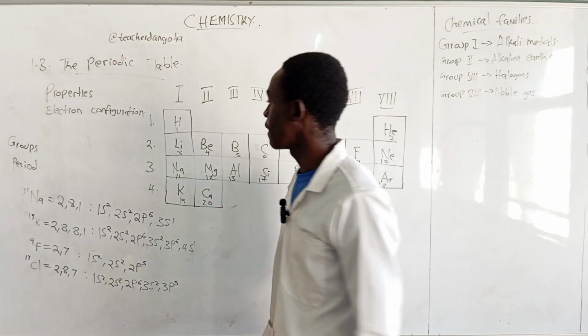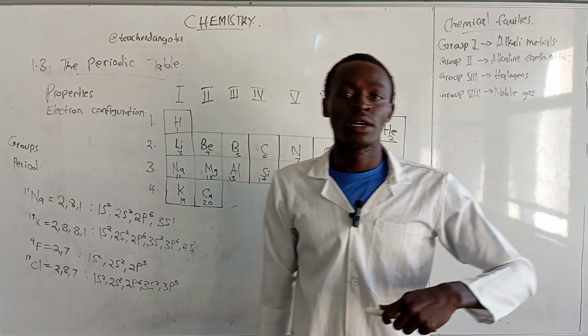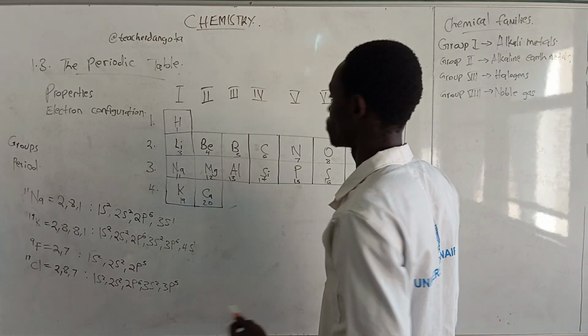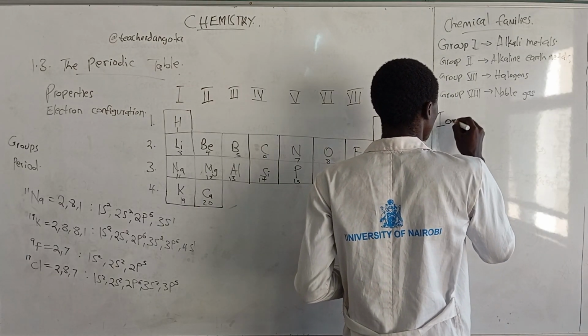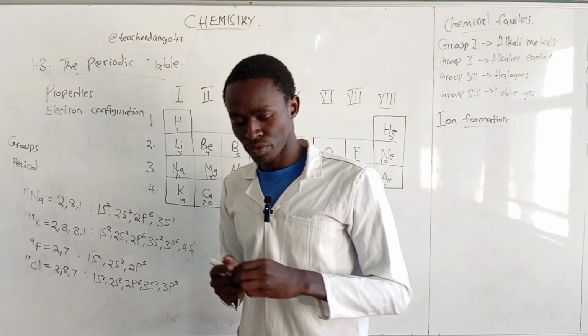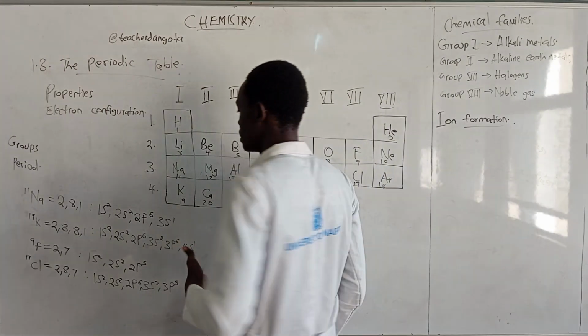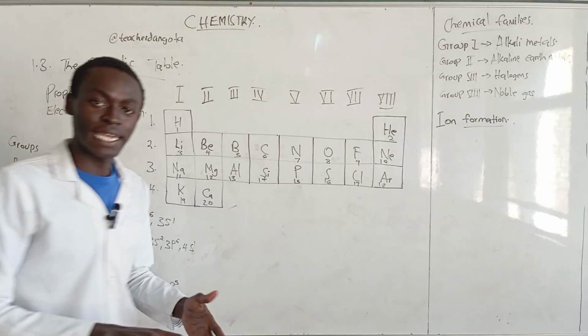This process leads to the formation of ions. Some elements, to gain their stability, will lose electrons, and some will gain electrons.